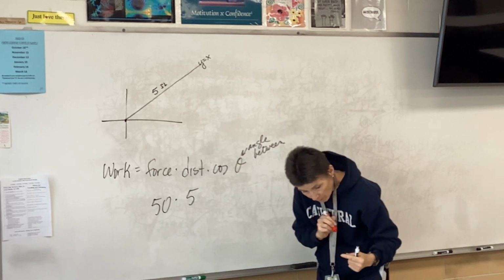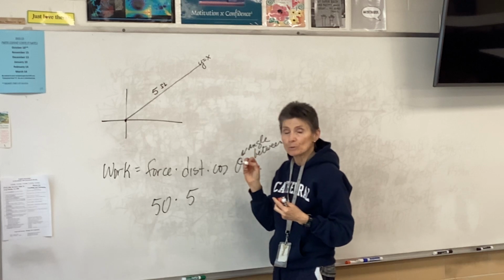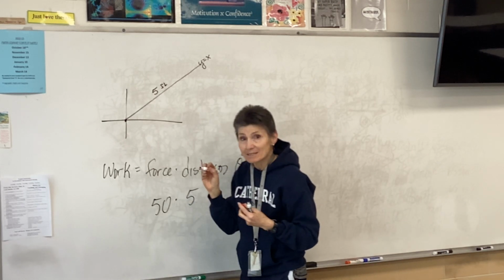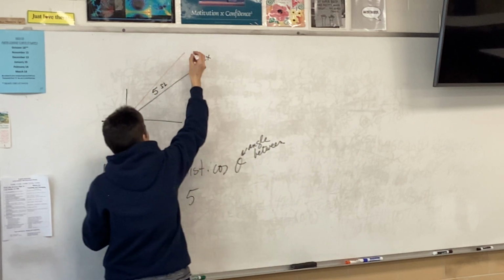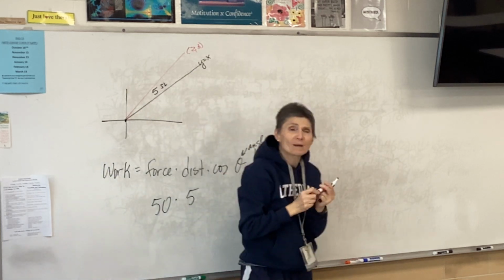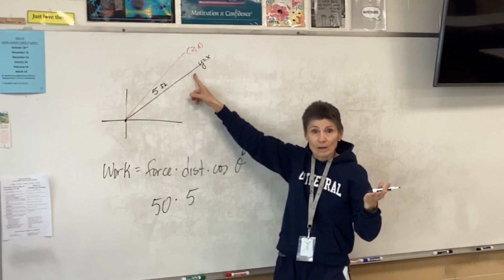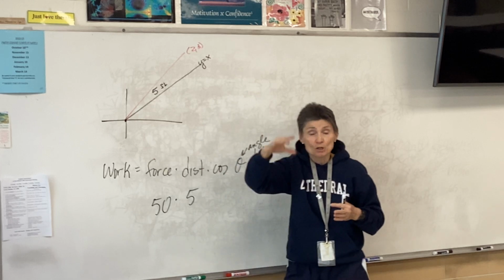The force is acting in the direction over 2, up 3. So isn't the force up here somewhere acting in the direction over 2, up 3? Another way to think about that is the slope of this line is 1, y equals x. The slope of this line is 1.5, so it's steeper.